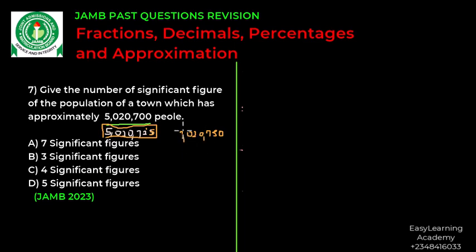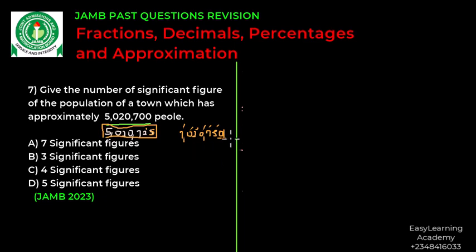So this would have been how many significant numbers? 1, 2, 3, 4, 5, and 6. The 0 here is not always factored in. The 0 usually is not factored in.